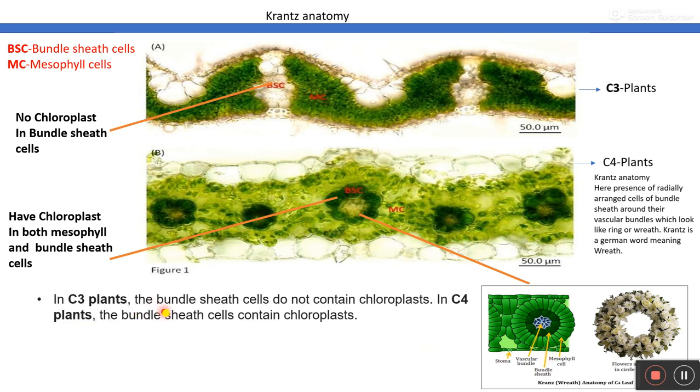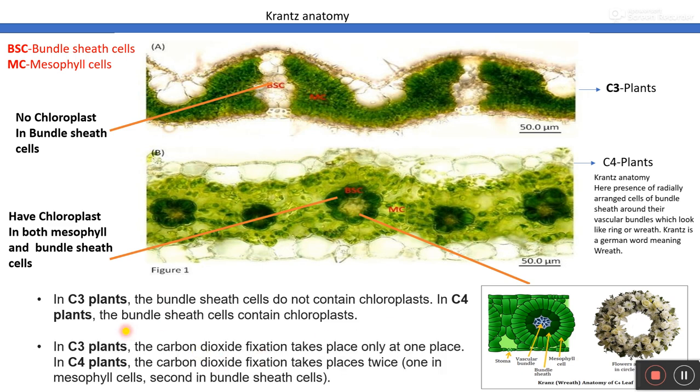In C3 plants, the bundle sheath cells do not contain chloroplast. In C4 plants, the bundle sheath cells contain chloroplast. I already discussed it. In C3 plants, the carbon dioxide fixation takes place only at one place, and in C4 plants, carbon dioxide fixation takes place twice.